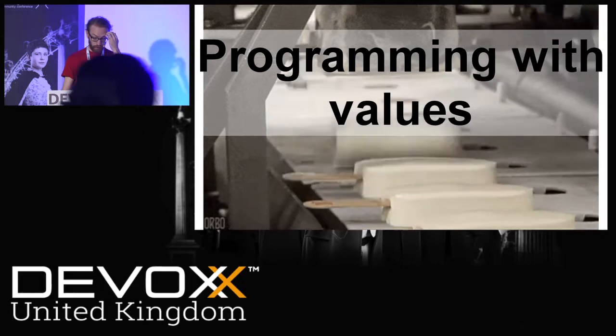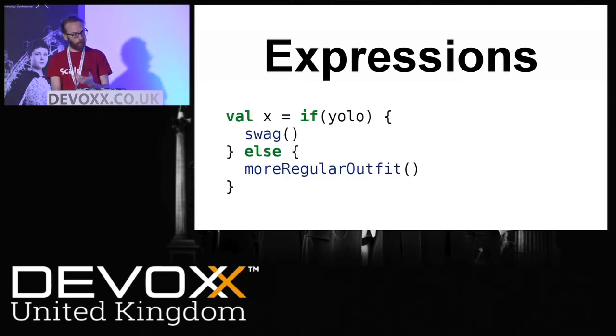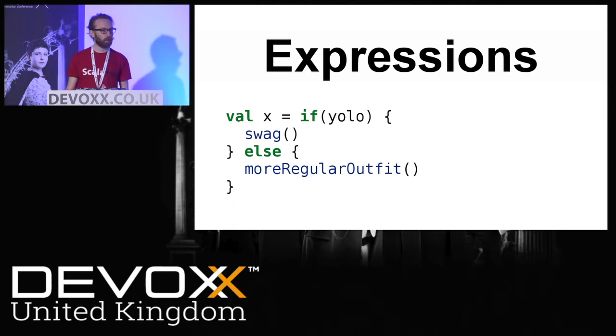A core thing for that is that almost everything, or everything, is an expression, which is the single most important thing to know when you're programming functionally: think in terms of expressions and how they relate to each other. For instance, an if block is not just control flow, it's an expression returning a value.